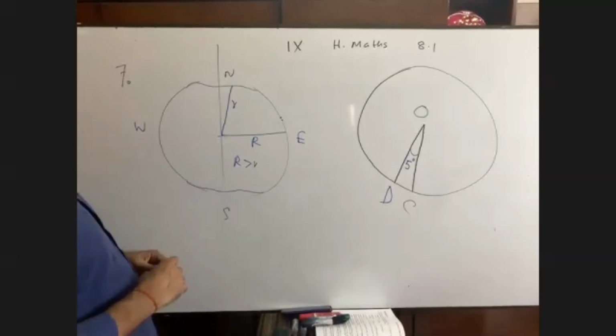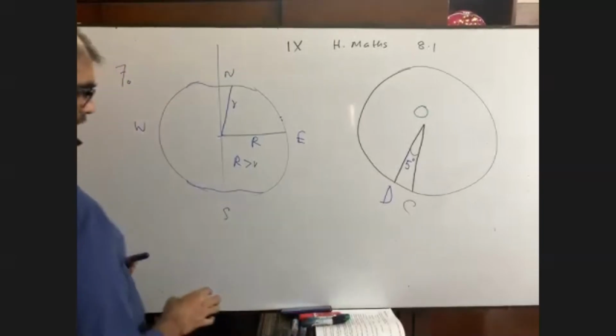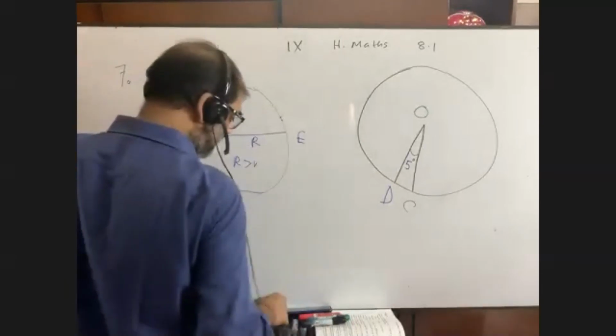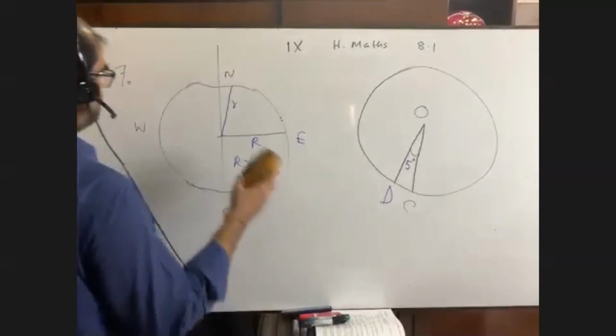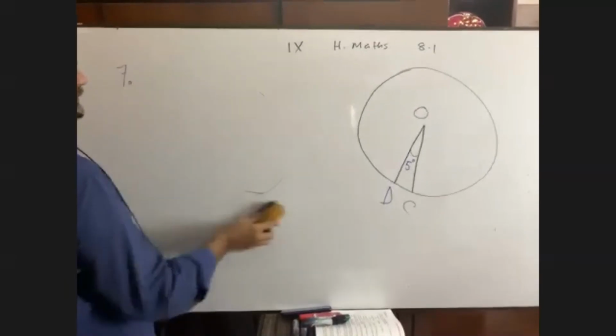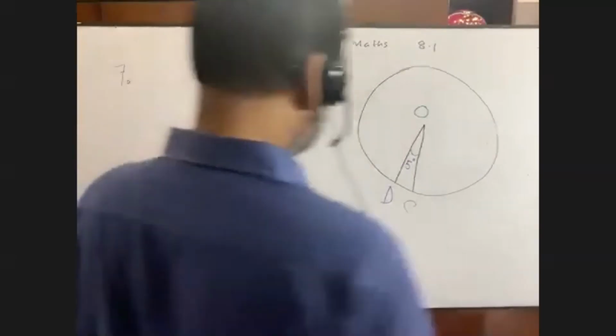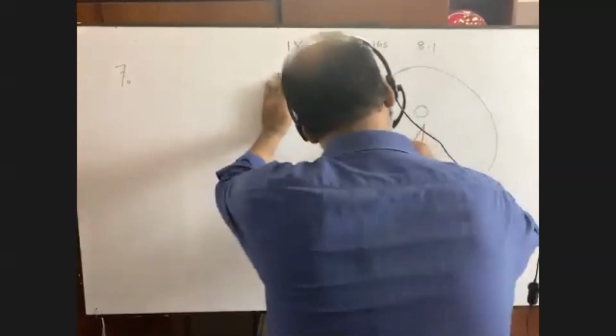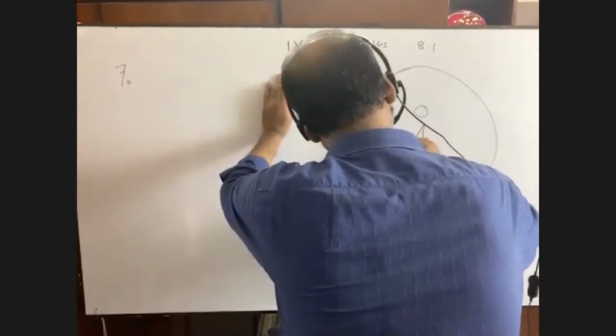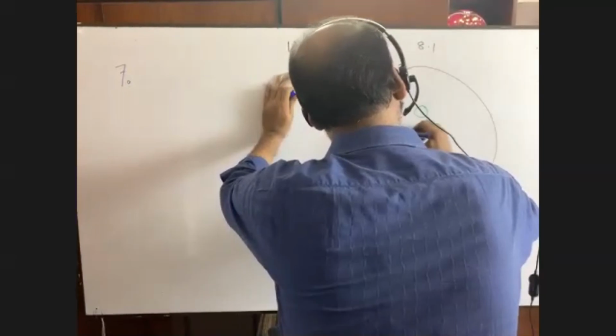I am not talking about Antarctica and Dhaka. Anyway, the radius of the Earth is given as 6440 kilometer.